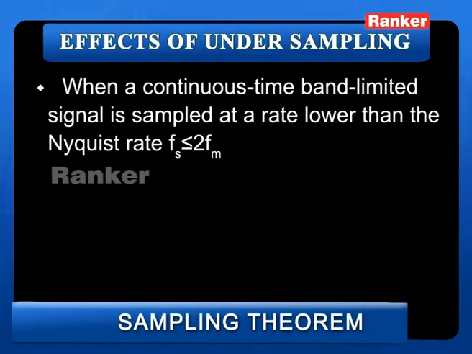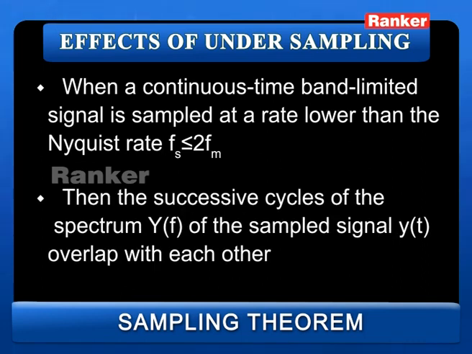When a continuous time band limited signal is sampled at a rate lower than the Nyquist rate, that is fs less than 2fm, then the successive cycles of the spectrum Y of f of the sampled signal y of t overlap with each other. You have seen earlier that whenever the sampling is done at a rate less than 2fm, then in the spectrum Y of f of the sampled y of t, there will be an overlap.